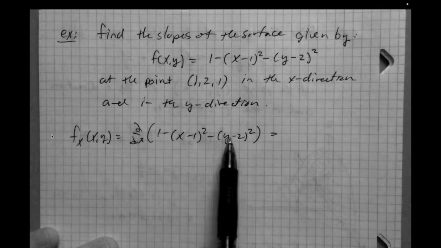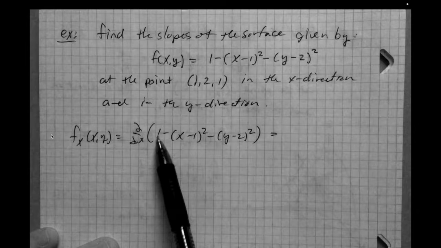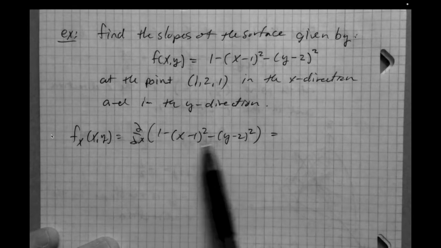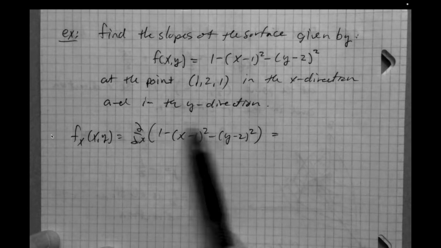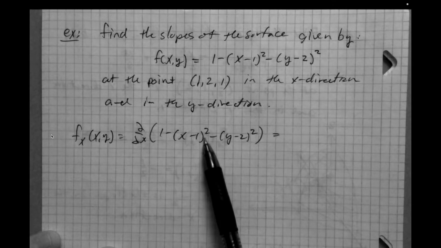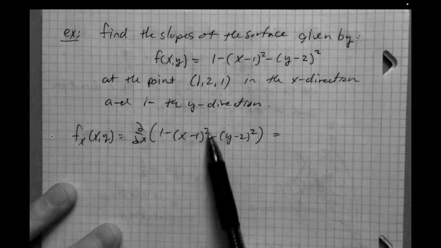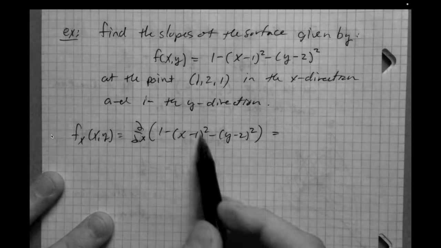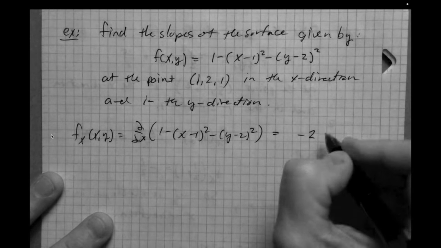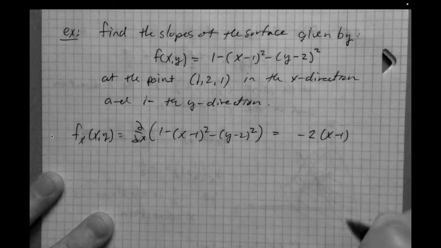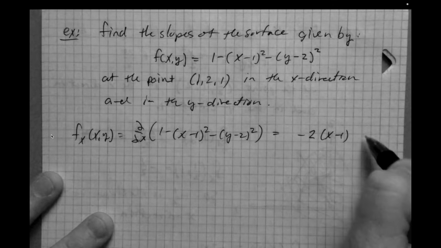In this case, this term out here is a constant, and so is the term up front. The only one that matters is this guy right in the middle. And so that's going to be a simple chain rule kind of thing, right? So this would be negative 2 times (x minus 1), right? And then the derivative of the inside is just 1, so I'll leave that off.